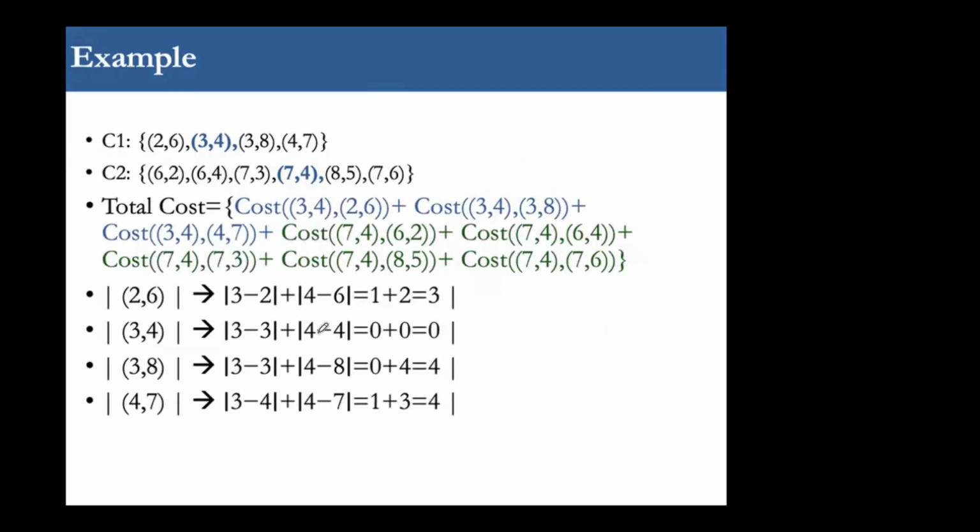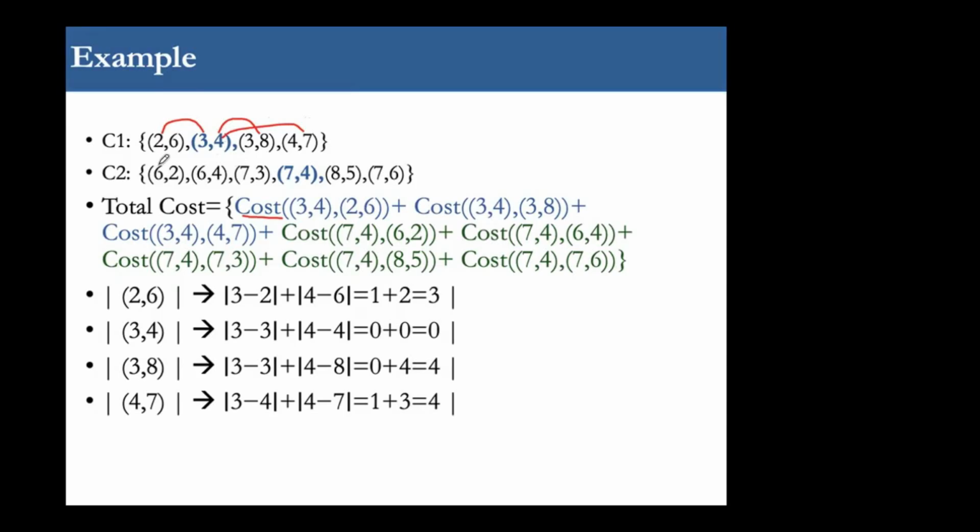In simple maths, how to do the calculation. So we need to find the cost between 2, 6 to its cluster center. Similarly, we need to find the cost from 3, 4 to 3, 8. Then we need to find the cost between 3, 4 to 4, 8.